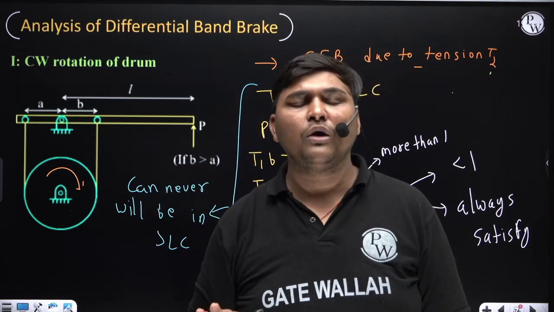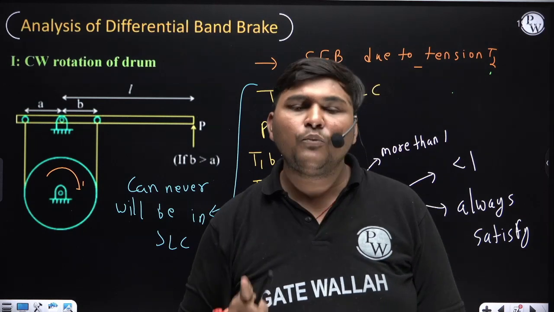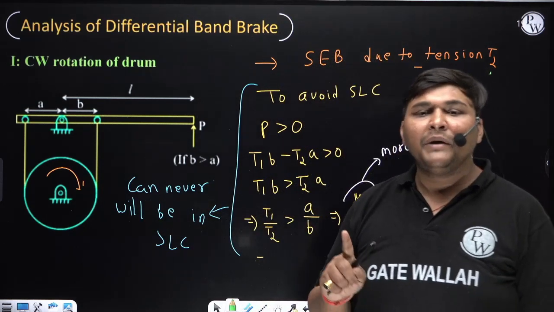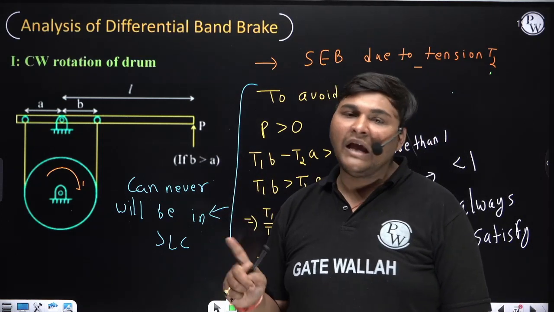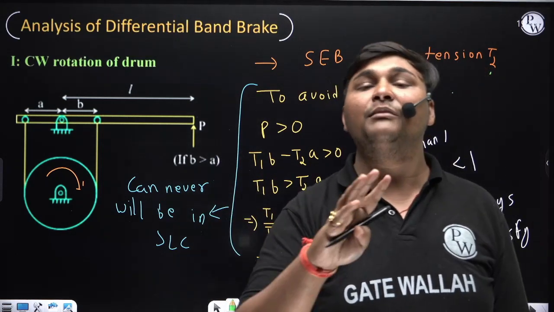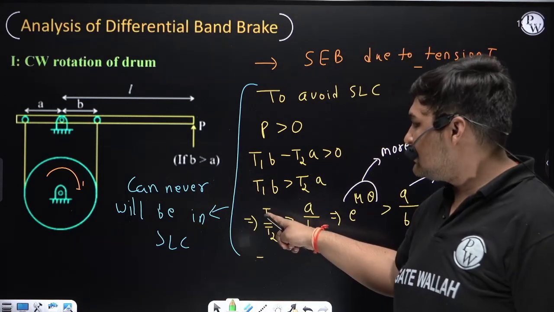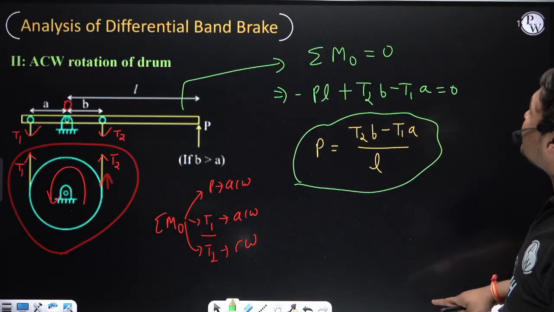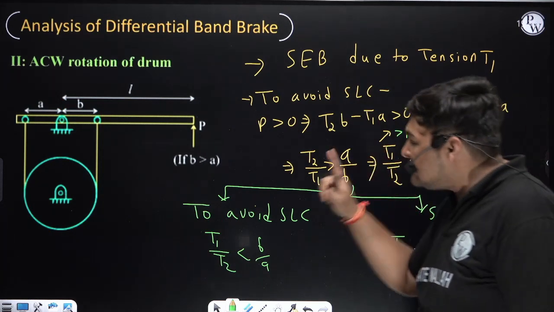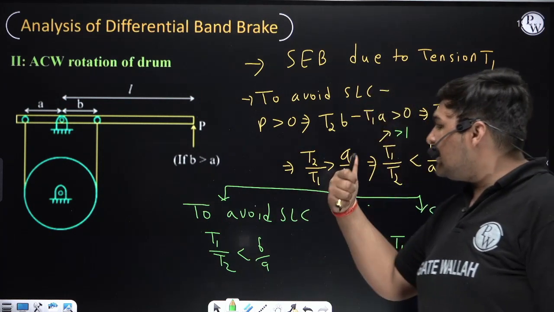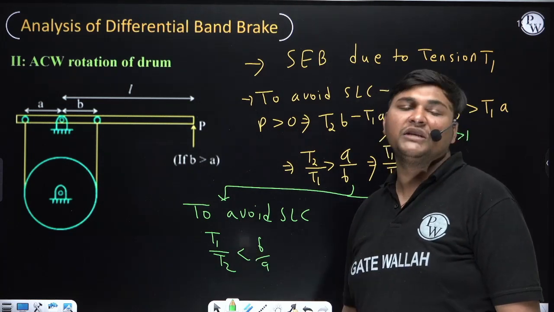Now for self-locking, if the brake is self-energizing due to tension T2, the slack side tension, then you can conclude it will never come into self-locking condition, like in this case. But if it is self-energizing due to the larger tension, that is tension T1, then it can be in self-locking condition also, and it cannot be, means both cases are possible.